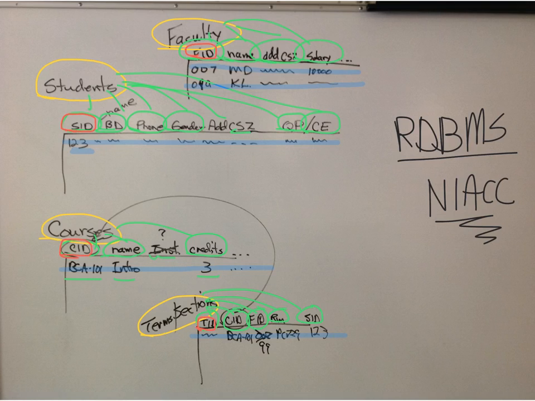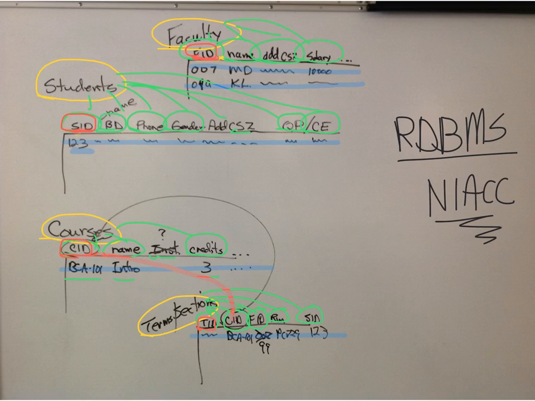Use a different color again. So then, if you notice here, we can take these primary keys that identify these records, we can put them in another table. For example, course ID.